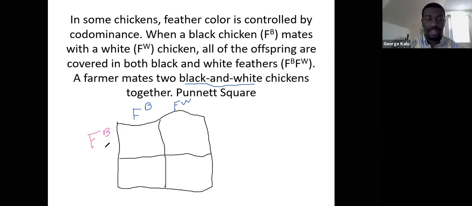FB FW. Okay. So now when we do our Punnett square, what would we expect to have in this first top left box? What would our genotype be? Right, we'd have FBFB. Perfect. What about in this top right box?